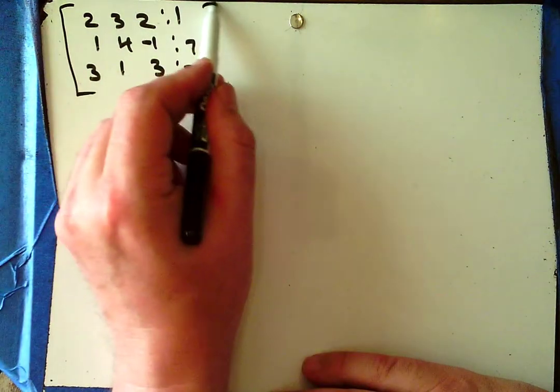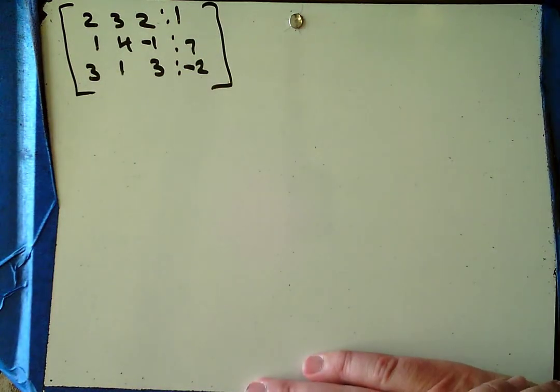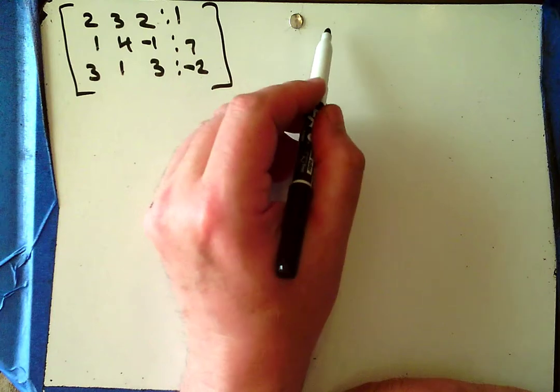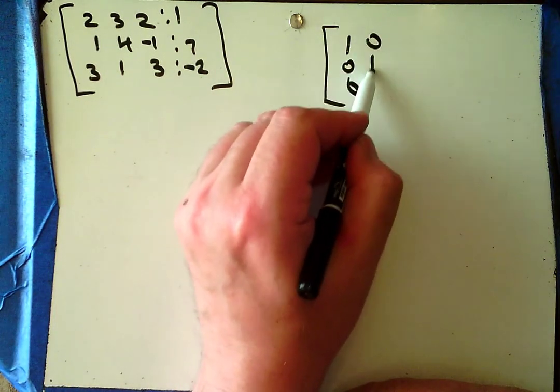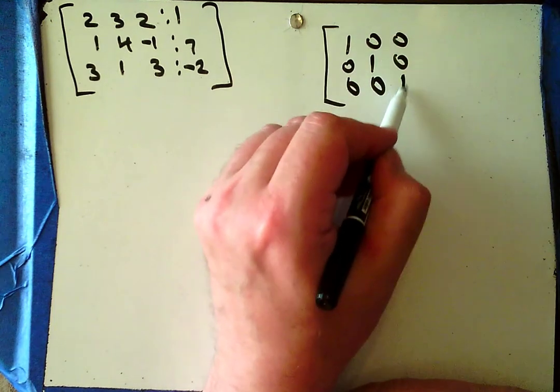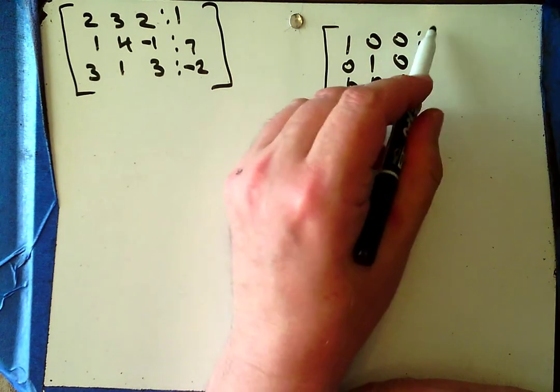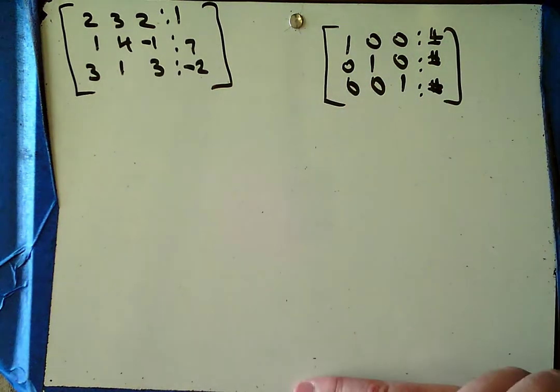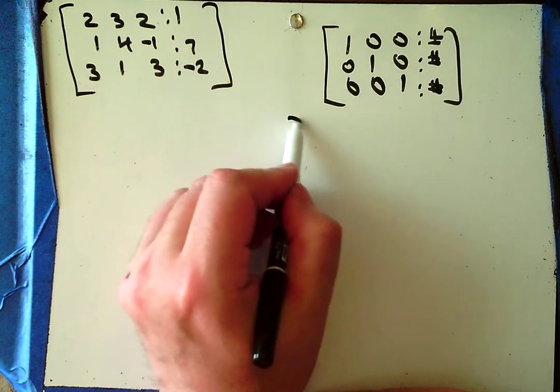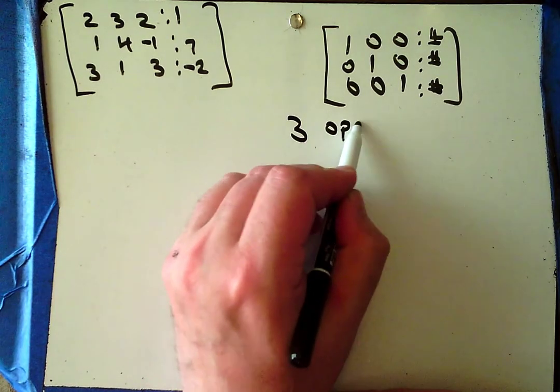So he makes this augmented matrix out of the system. And remember, he's trying to get to 1, 0, 0, 0, 1, 0, 0, 0, 1, and then some numbers. Okay? And so he allows us 3 operations.